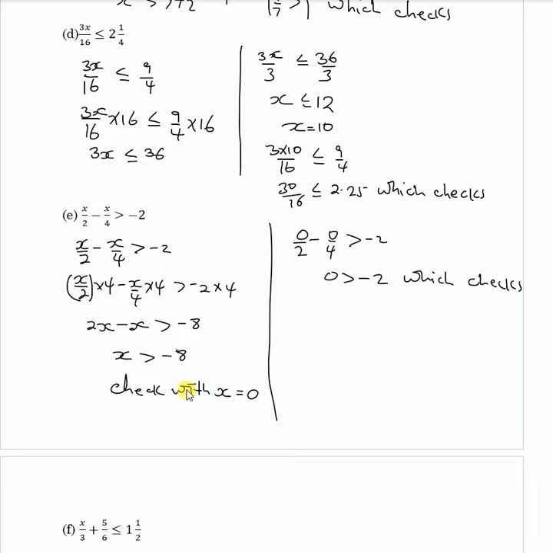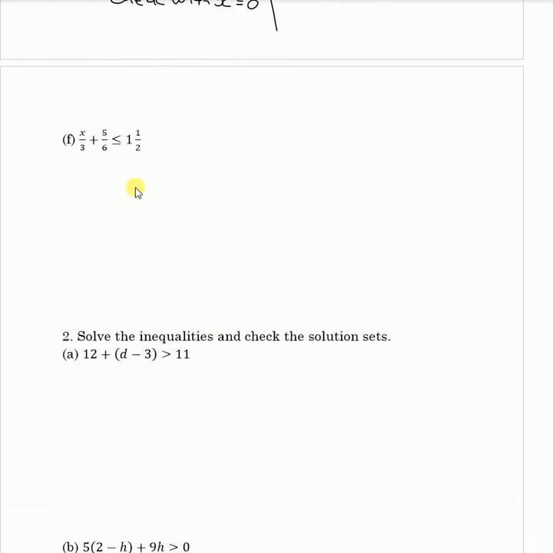Then this one, last of this example, we have that x over 3 plus 5 over 6 is less or equal to, let us write this one as 3 over 2. 1 and a half: 2 times 1, 2, plus 1, 3.